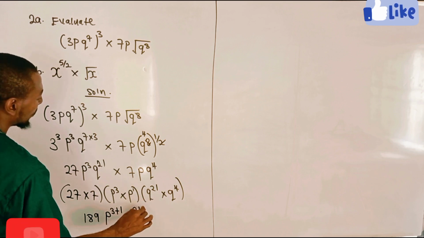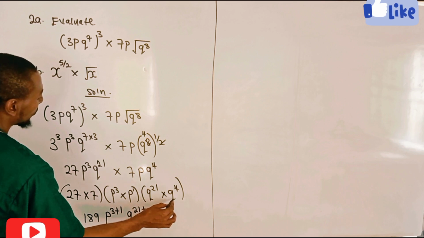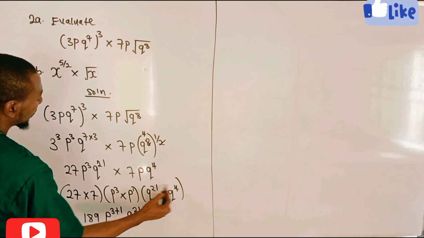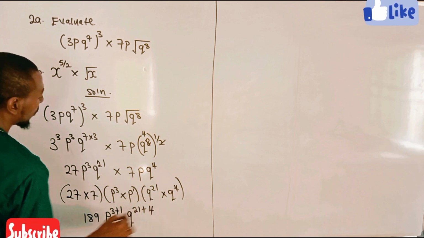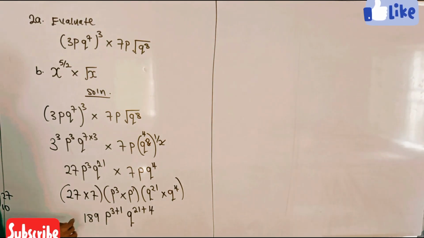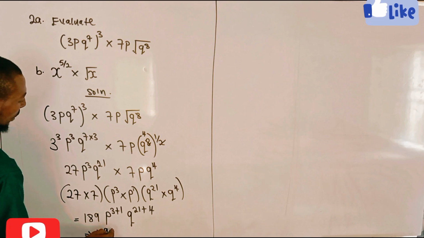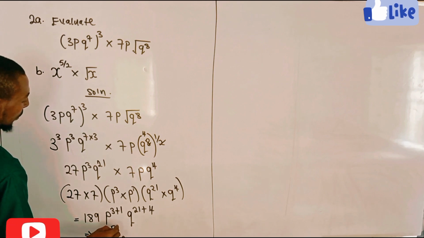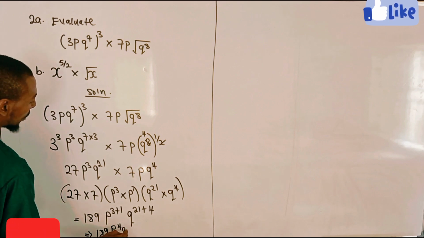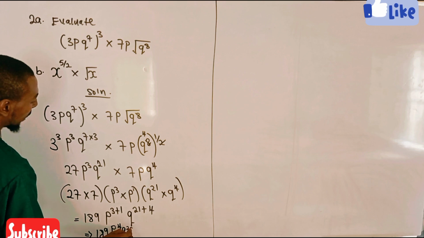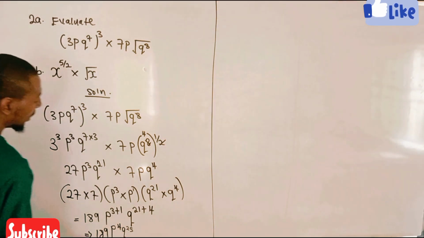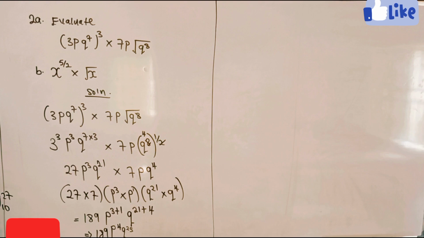Of course, multiplication means addition. You take one of the base, which is q, and then add the powers. That's we have 21 plus 4. So finally, the answer becomes 189 p raised to the power 4 q raised to the power 25, and that eventually becomes the final answer.